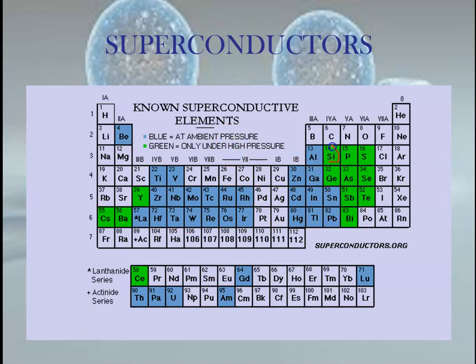When, let's say, silicon is put in a container under high pressure, it will become a superconductor. That was the difference. For example, lead at ambient pressure, which is a very normal pressure, can also reach the superconductor level.